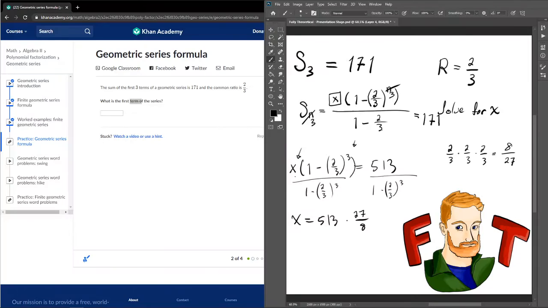That equals 171. That's correct. So I know this is correct, and I know that we are in fact looking to solve for x, so that's all right.